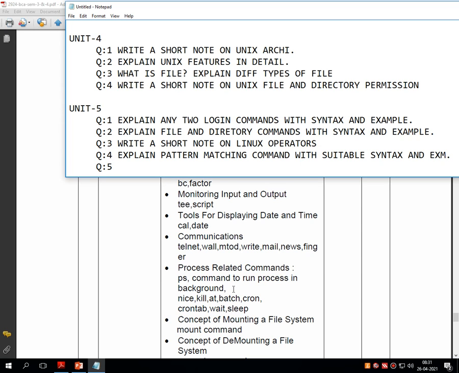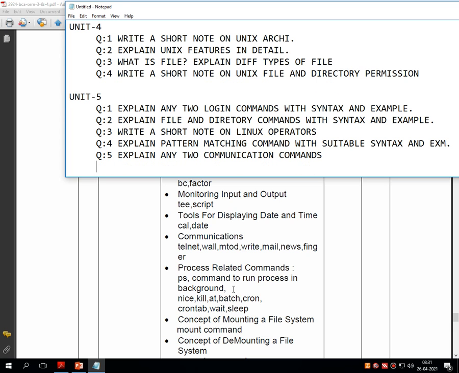Question number 5. Explain any two communication commands. Question number 6.